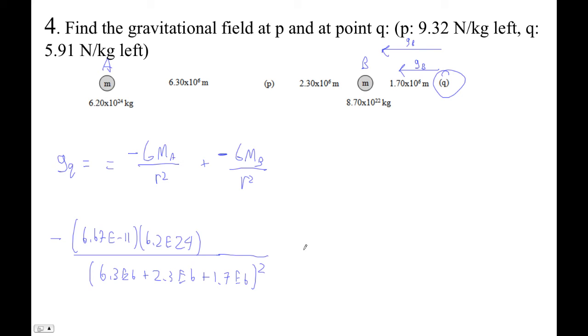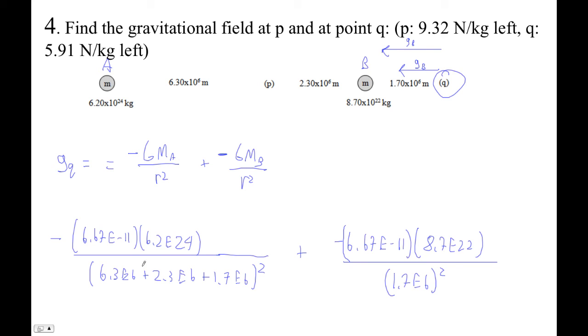And then we're going to say plus negative 6.67, and the minus sign, again, is just because in the first step I decided that both of these gravitational fields are to the left, times 8.7 E22 divided by this distance, which is just simply 1.7 E6 squared.